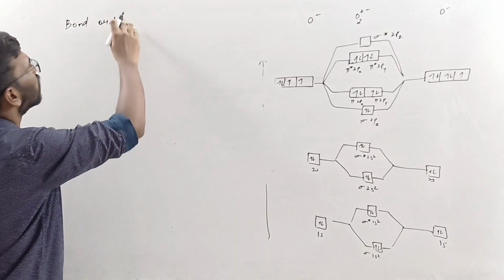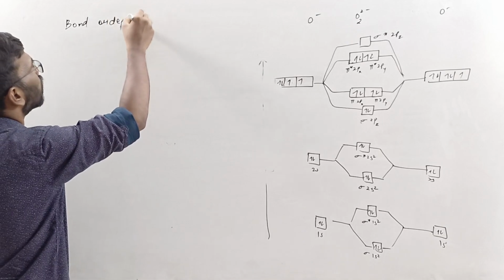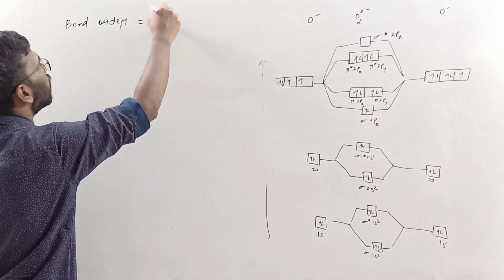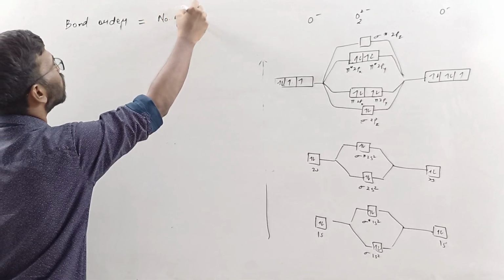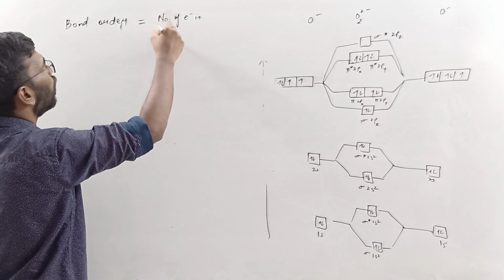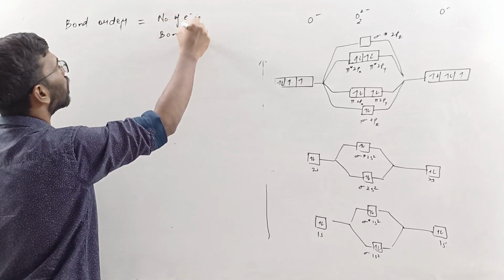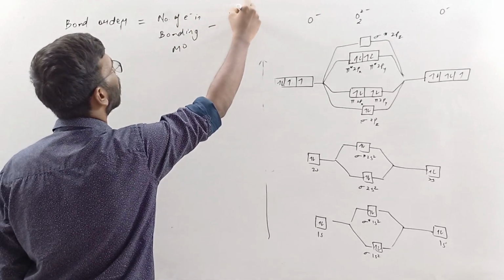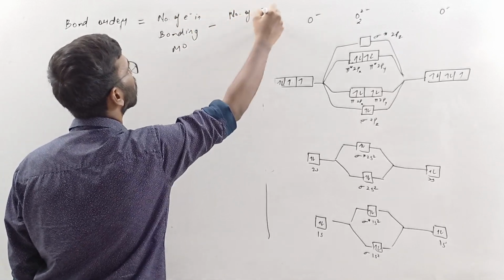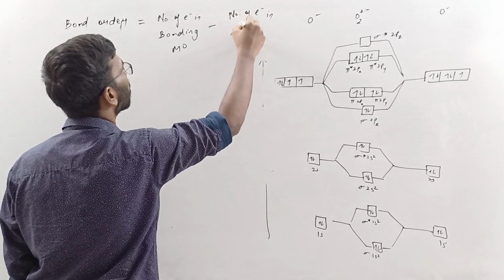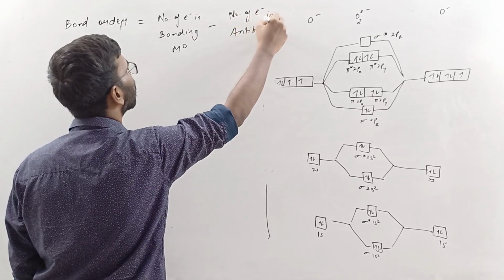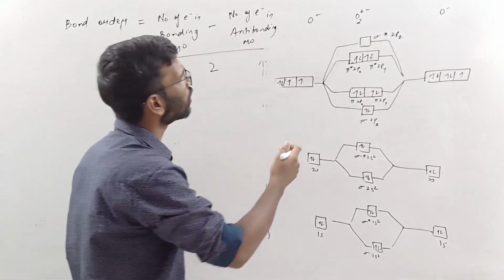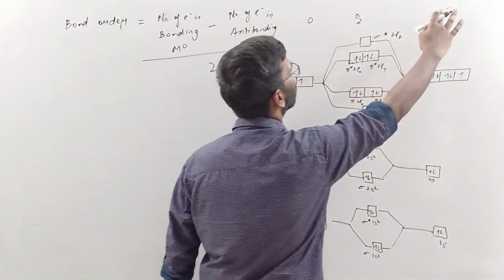Bond order is the number of electrons in bonding molecular orbital minus the number of electrons in anti-bonding molecular orbital, divided by 2.